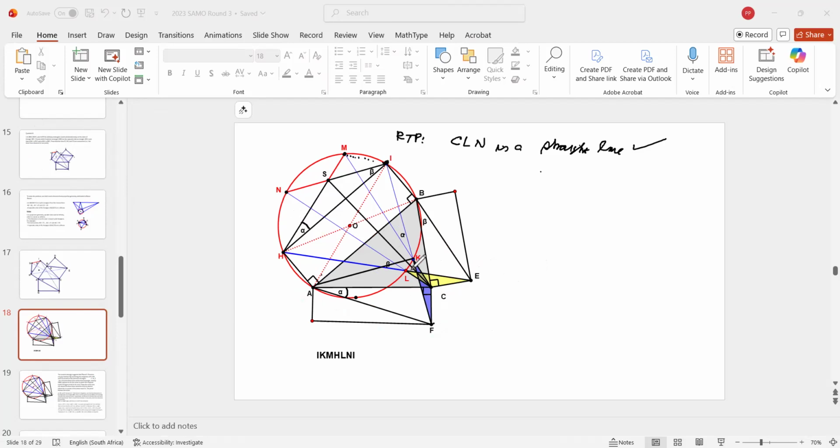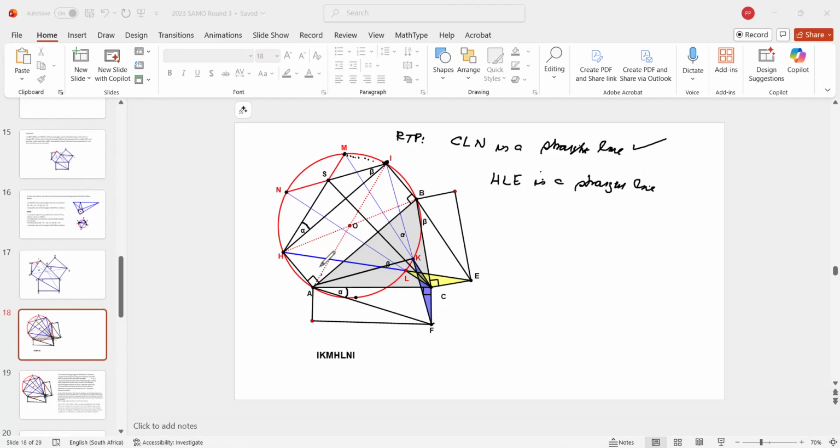I don't know that's a straight line, but I do know that HLE is a straight line, because by construction we said that HE cuts the circle at L.